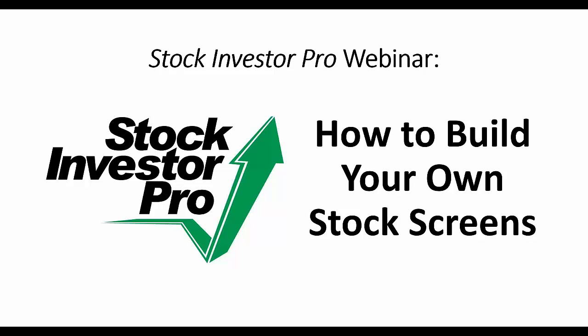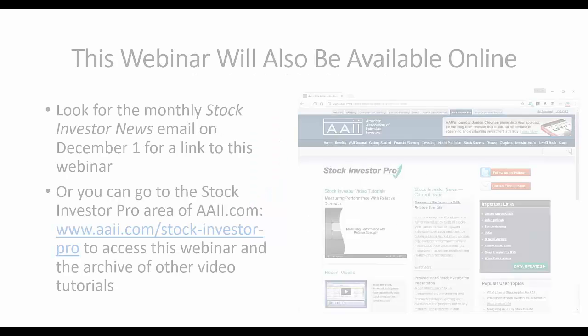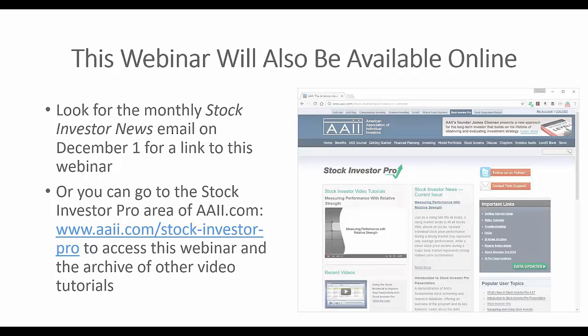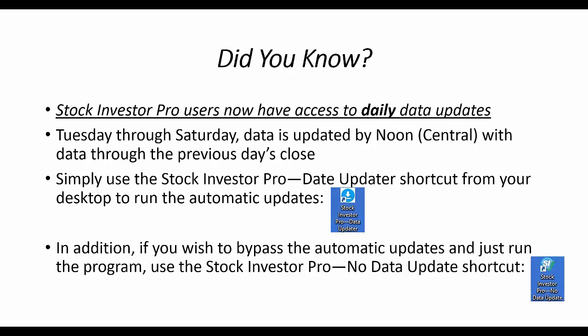Today I'll be discussing how you can use Stock Investor Pro, and specifically the screen editor within the program, to create, save, and modify your own screening filters. With Stock Investor, you can bring together a collection of quantitative comparison statements and apply them to a collection of companies to see which, if any, meet those criteria.